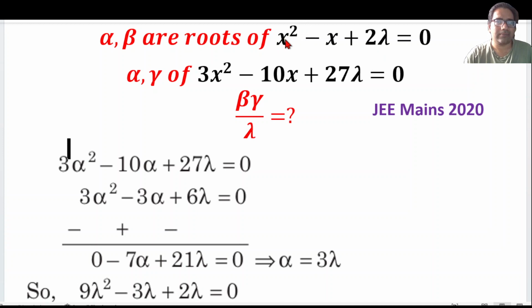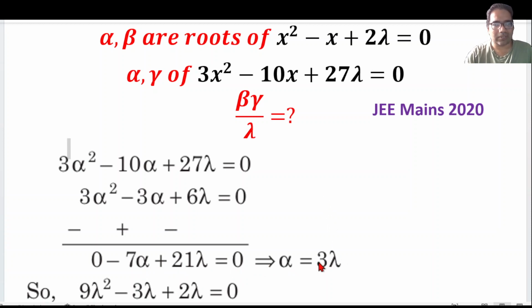Then this becomes 3 alpha square minus 3 alpha plus 3 times 2, which is 6 lambda, equals 0. Then let us subtract this equation from this equation. 3 alpha square will get cancelled. Minus 10 plus 3 is minus 7 alpha, and 27 minus 6 is 21 lambda. That means 7 alpha equals 21 lambda, alpha equals 3 lambda.